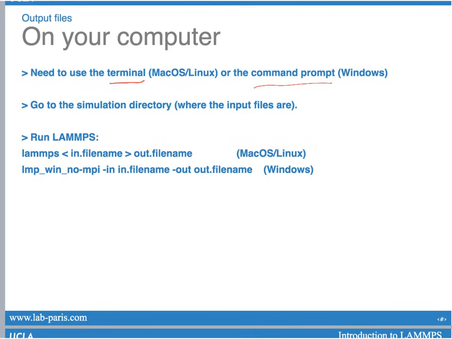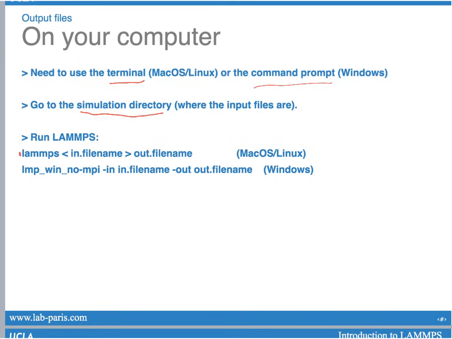We will see more details about how to use the terminal in another video, but you will need to go to this specific directory. Again, each new simulation should be performed in a new directory. And the way to run LAMMPS, once you have placed all the input files in this directory, will be to use the following command.